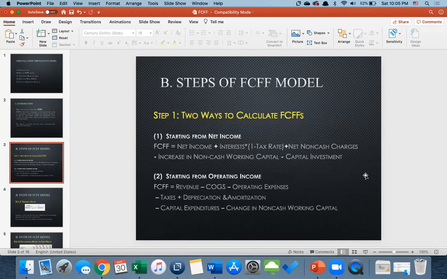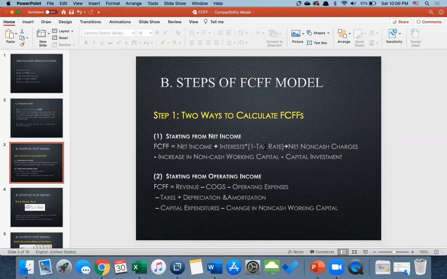Regarding the steps of this model, we start from calculating the forecasted free cash flow to firm. There are two ways to do this calculation. One is to start from the net income. One is to start from the operating income. For net income, we need to add back the interest times (1 minus tax rate).